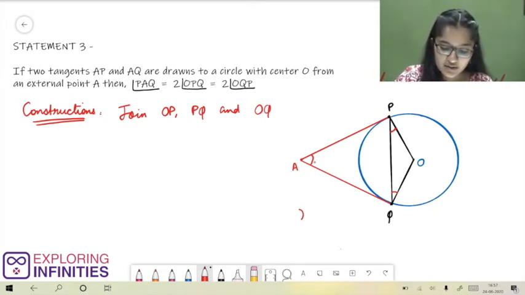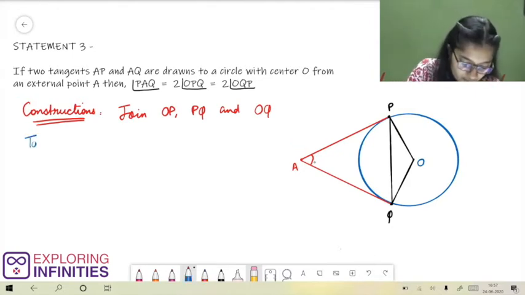Let us just remember where these angles lie. This is our angle PAQ, this is angle OPQ and this is angle OQP. What do we have to prove?